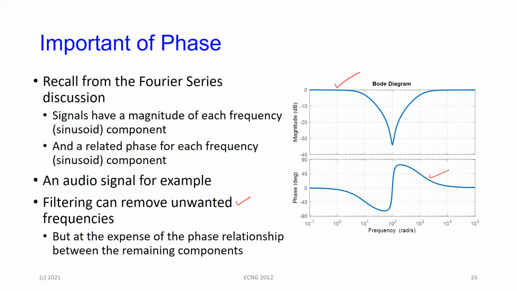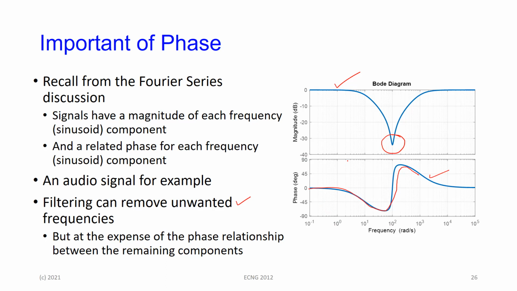So look at the diagram above. This is a band reject or the notch filter. I use it to get rid of a frequency of 100 radians per second. But notice what happens to the phase of the signals as the signal comes through, as the phase approaches cutoff. There's a significant phase change from a minus shift to a positive shift.